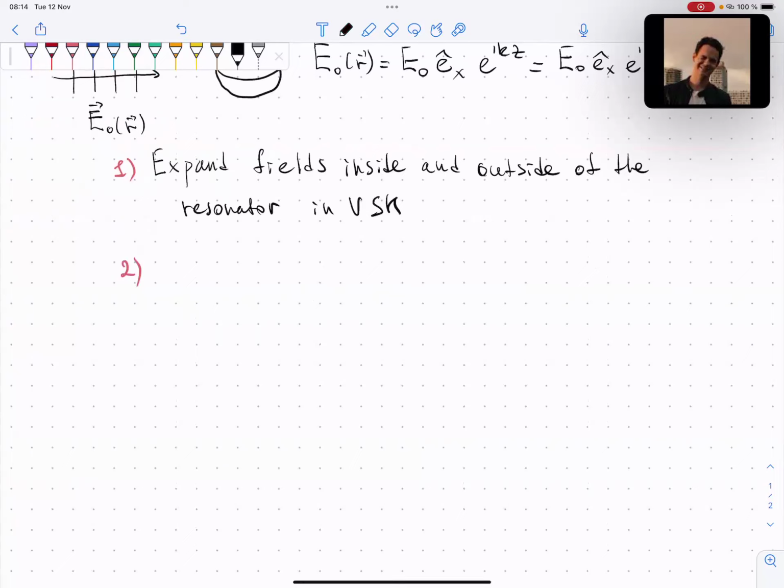The second one, we put the expanded fields into boundary conditions.